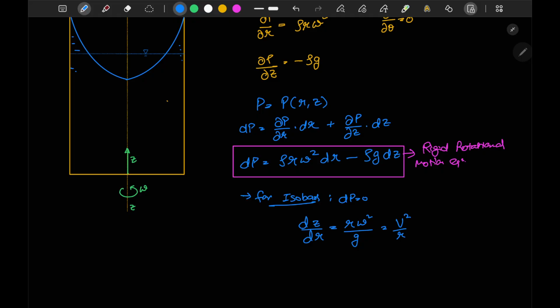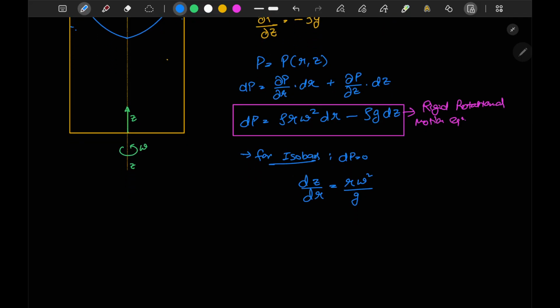Let's leave it at this: dz by dr is equal to r omega square by g. This is the slope of the isobars.